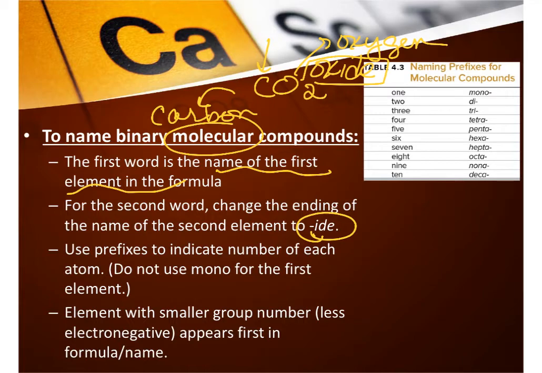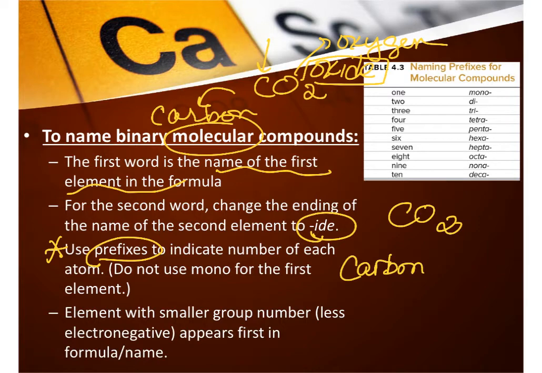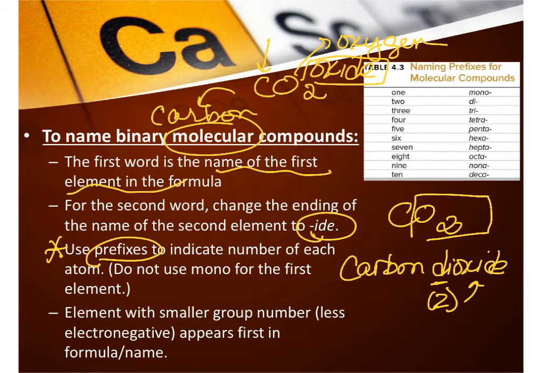Now, probably the most important thing and difference to remember when naming covalent compounds is that you must use prefixes to tell the reader how many of each type of element is in that compound. So again, looking at CO2, it would be carbon dioxide. Okay, and I think we all know that di stands for 2. That's telling the reader there are 2 oxygen atoms in carbon dioxide.